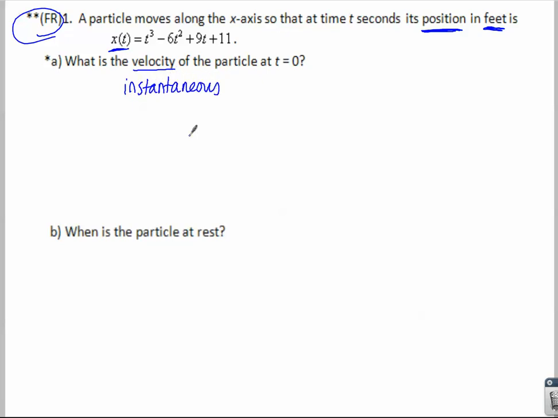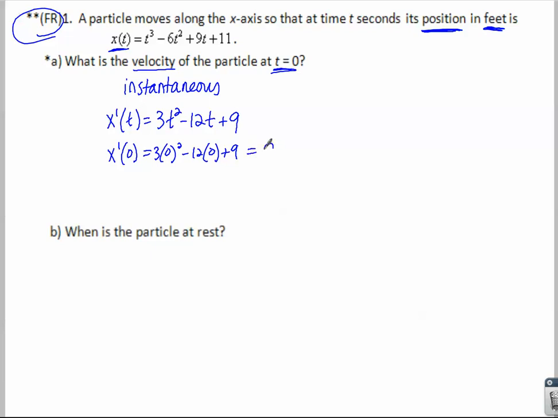The instantaneous velocity. Therefore, I know I have to take the derivative, or x prime of t. x prime of t is 3t squared minus 12t plus 9, and I want to know what it is at t equals 0. So x prime of 0, plug in 0 where t is, and you get 9.